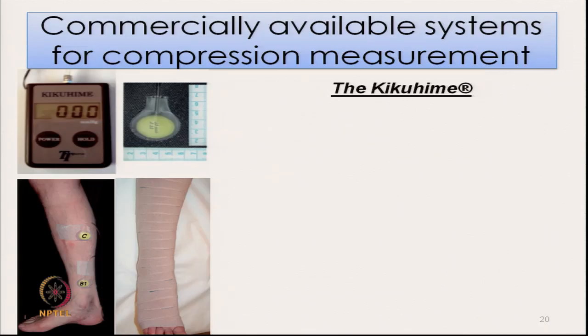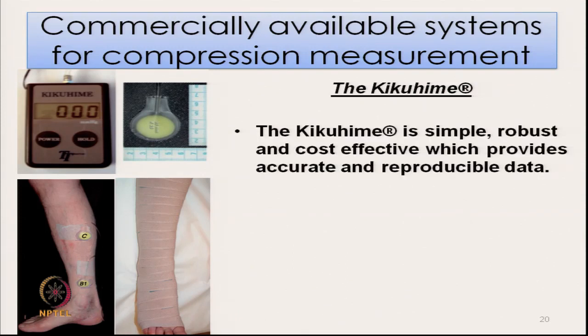There are some commercially available systems, one of them is the Kikuhime method. It is a simple method, robust and cost effective, which provides accurate and reproducible data. This is the system which we place during the wrapping and it gives the pressure value.